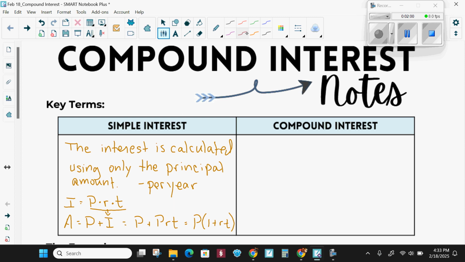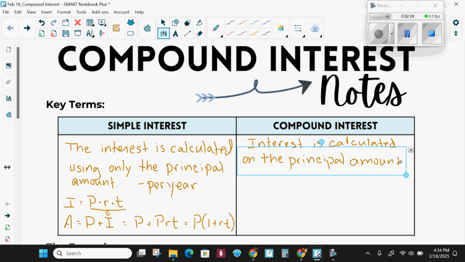Now, compound interest is found by interest being calculated on the principal amount and any accumulated interest.